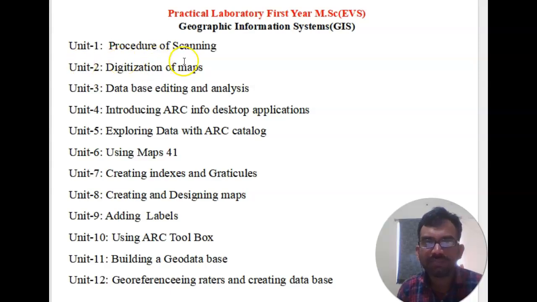Unit 1: procedure for scanning, digitizing of mapping, database editing and analysis, introducing ArcInfo desktop applications, exploring data with ArcCatalog, creating index and graph tools, creating and designing maps, adding labels, using ArcToolbox, and building geodatabases. These are the practical topics in first year, especially in geographical information system.